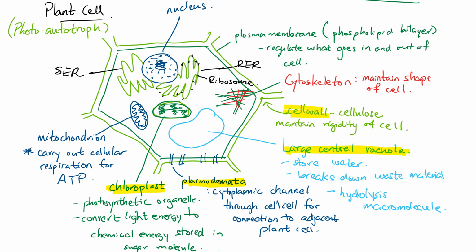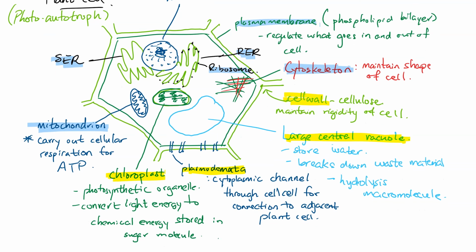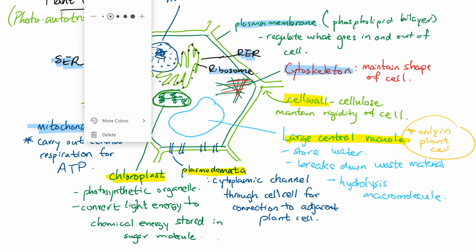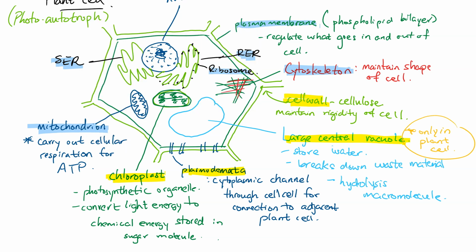Okay, and something that's quite common between animal cells and plant cells: mitochondria, SER, RER, ribosomes, cytoskeleton, plasma membrane. Okay. Here I will make a note, only in plant cell. Those that are highlighted in yellow.